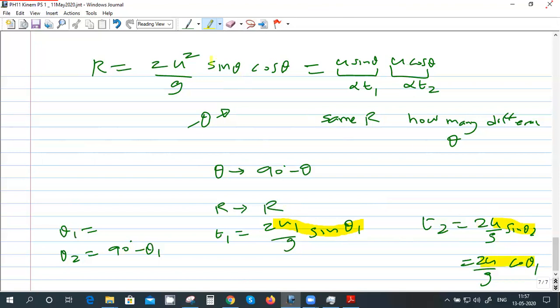So in the range, this u square is one u with sin theta and another u with cos theta.